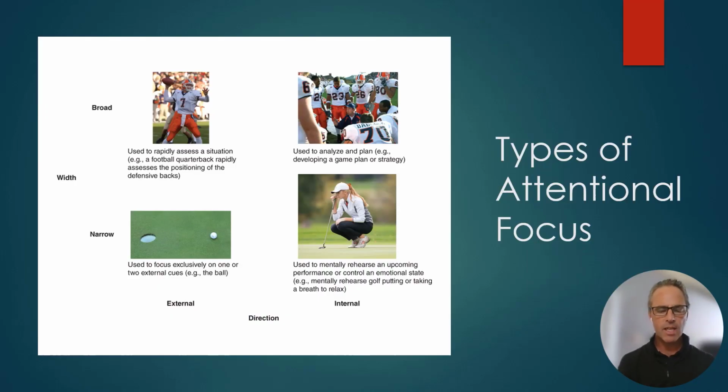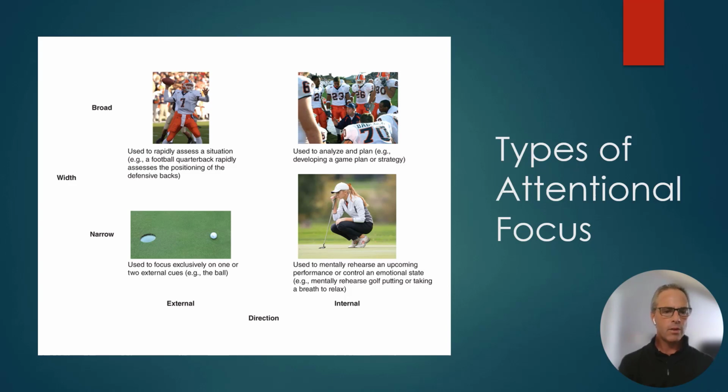Okay, so types of attentional focus. Don't confuse this with attentional field. As I mentioned before, the attentional field is either broad or narrow or optimal based on your arousal. But that's a little different than what we want to talk about here. Here we're talking about width and direction. Now, width and direction have other components within them.